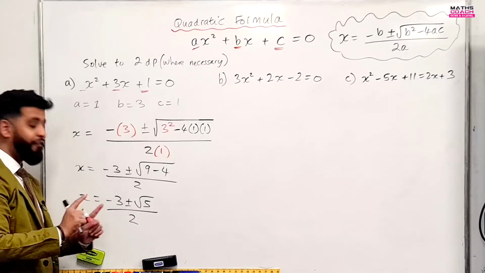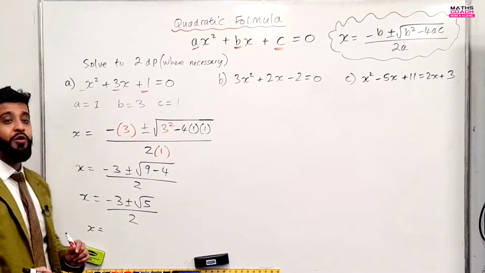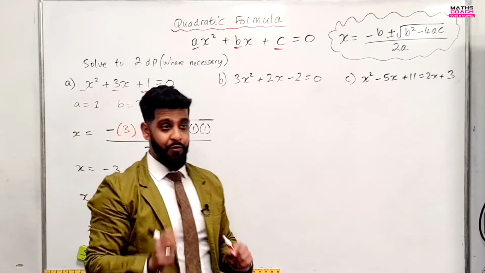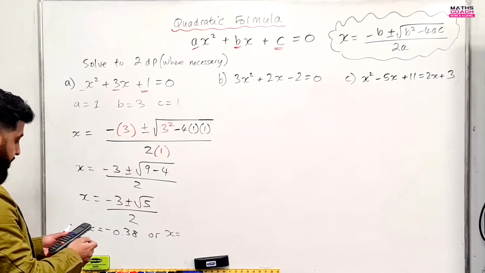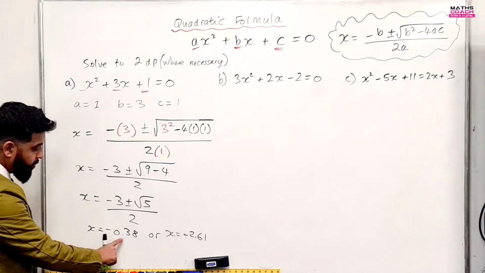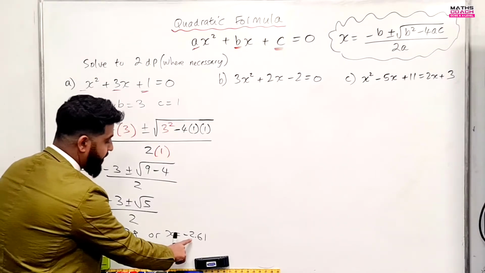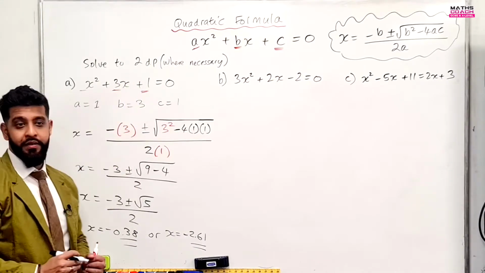So you should get 2 different answers, all right? So if you put that into your calculators, give me your 2 values of x to 2 decimal places. So minus 0.38, and the other answer is minus 2.61. Both these answers are to 2 decimal places.